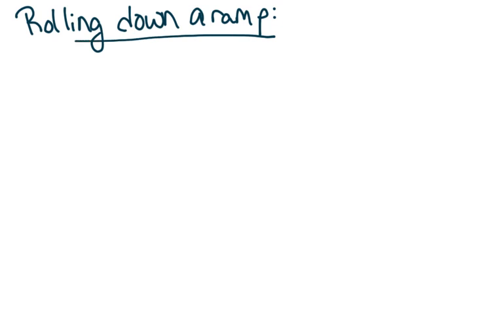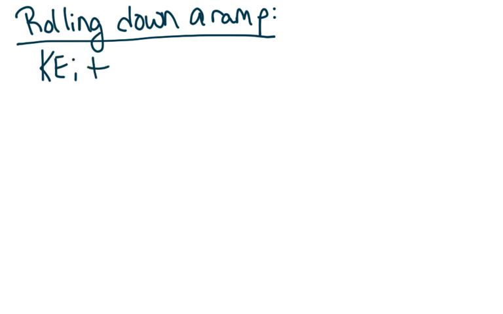So we have objects rolling down a ramp. And we're going to look at the kinetic energy of that and what happens when you add rolling in. So now rolling down a ramp means that I still have a conservation of energy equation.